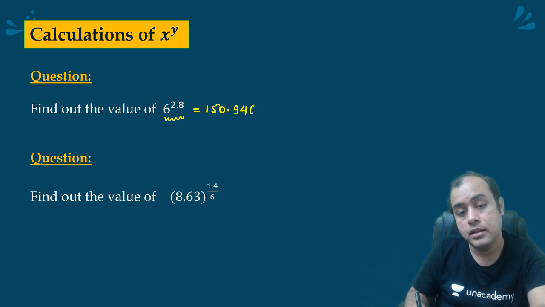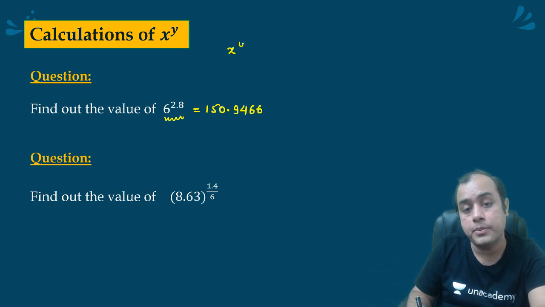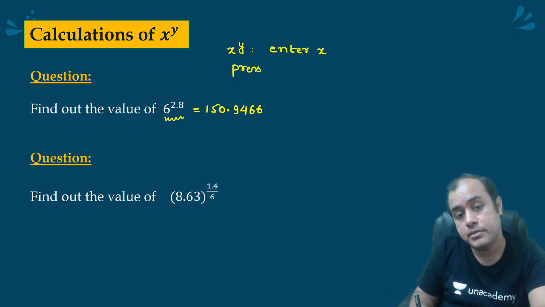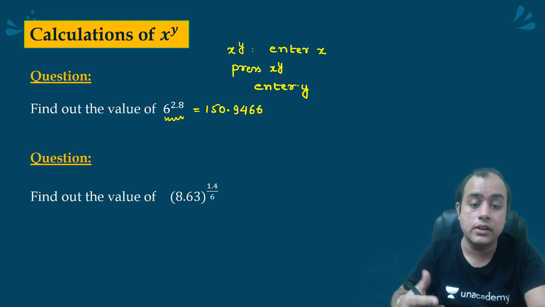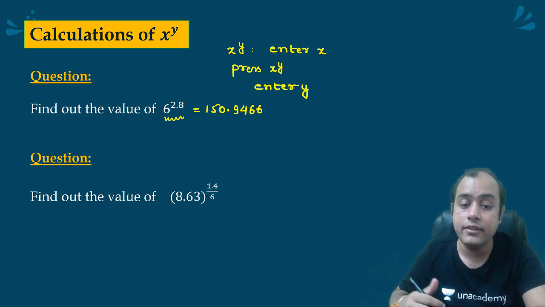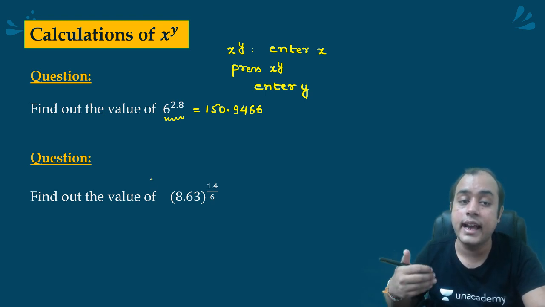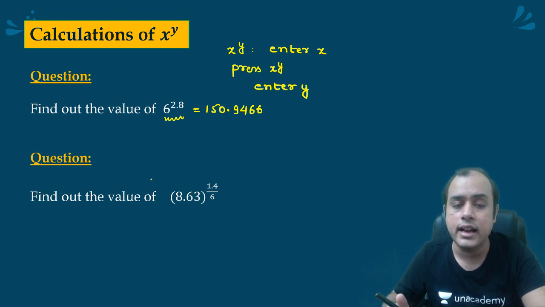So here for x to the power y, enter x, press x to the power y, then you enter y. And see how easily I discovered this. Basically, I actually experimented. So even in GATE, if you forget, you can just try it out. In a few seconds you will come to know.